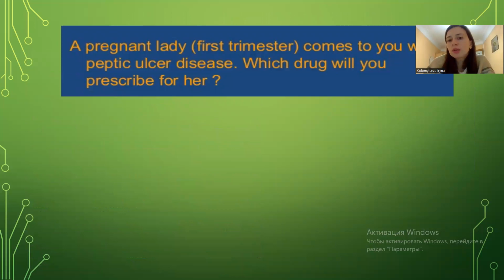And an interesting question for you about a pregnant woman. A pregnant woman in the first trimester comes to you with peptic ulcer disease. Which drug will you prescribe for her?